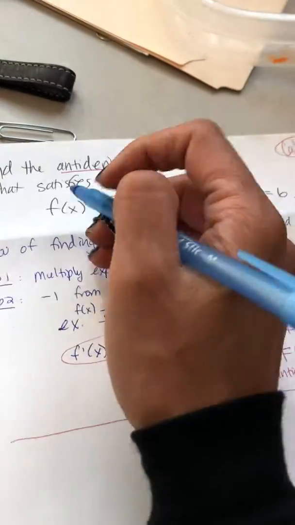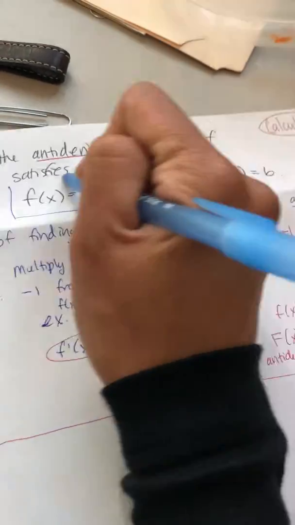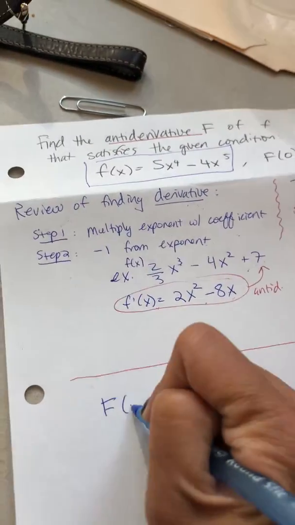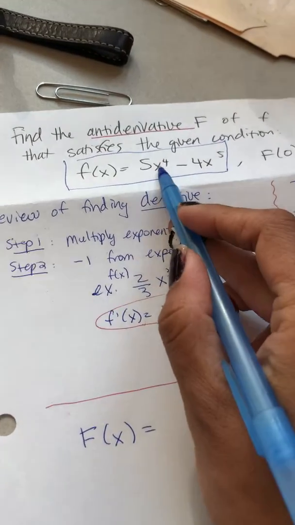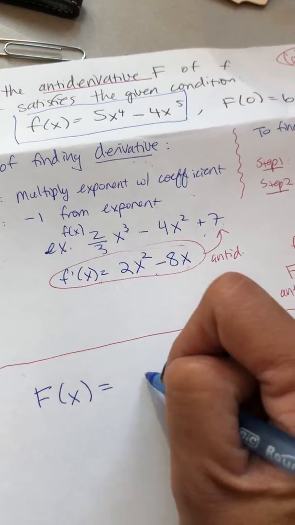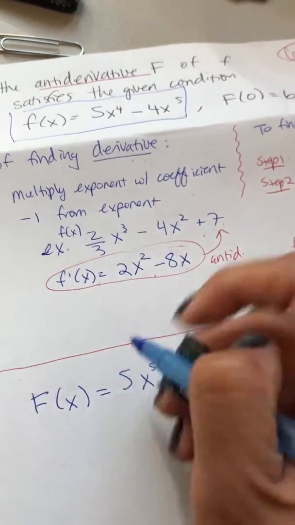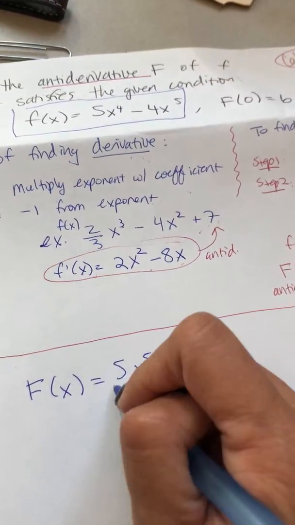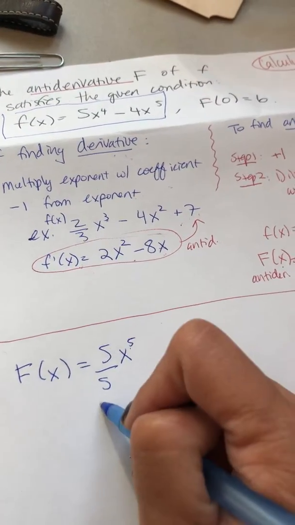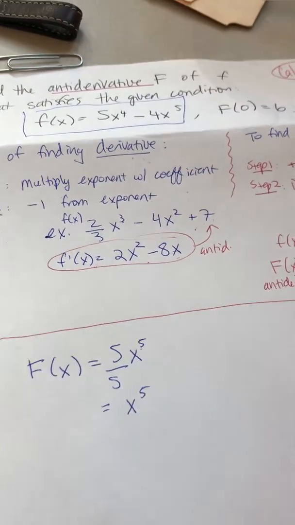I'm going to first find the antiderivative of this here. So capital F of x is going to equal, I'm going to add 1 to the exponent, x to the 5th, and divide by the new exponent. I have the 5 here, but I'm going to divide by the new exponent, 5. So I get 5 over 5 x to the fifth, in other words, just x to the 5th.